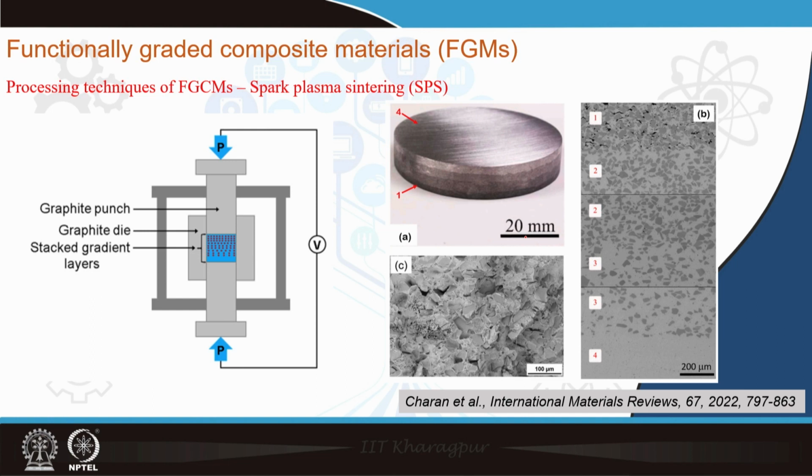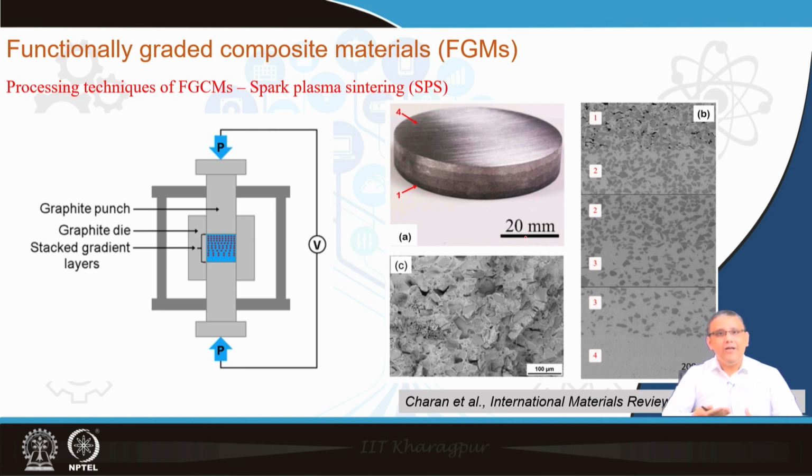So, we have two options here. One option is that we can first prepare the die with the graded component, as has already been shown for the previous sintering processes. That means we first prepare the die, put the layers on top of each other, then apply cold pressure to obtain the green body, and then this green body is brought into the SPS chamber, where it is sintered together.